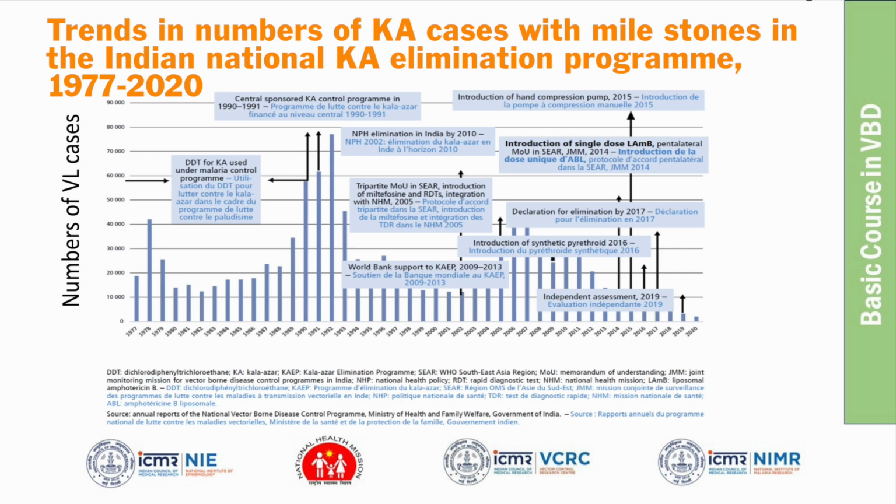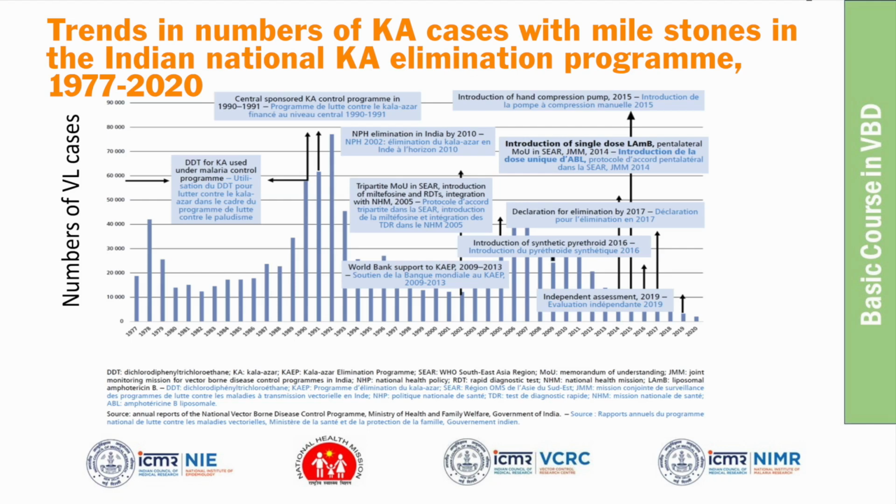From 1977 to 1989, DDT for Kala-Azar was used under the malaria control program. From 1990 to 1991, a centrally sponsored Kala-Azar control program was in operation. Then the national public health policy was initiated, and the elimination program in India was initiated.